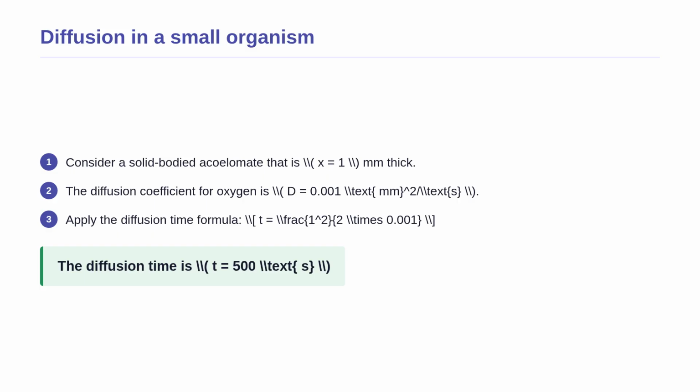We plug our values into the formula, squaring the 1 and dividing by 2 times the diffusion coefficient. This gives us a final answer of 500 seconds, or about 8.3 minutes. Physically, while this is somewhat slow, it is completely manageable for a very low-energy, simple creature to survive.